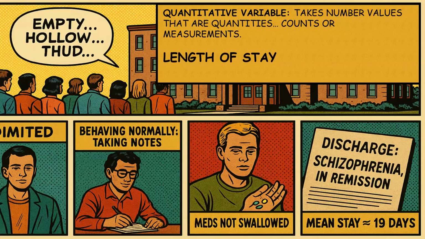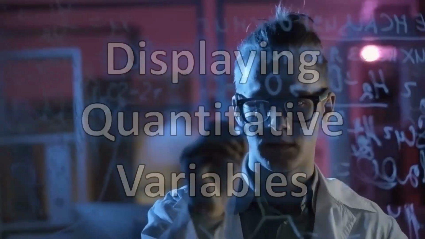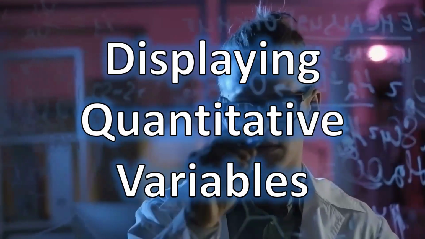The 8 pseudo patients varied in their length of stay, hence a variable, from 7 to 52 days. And importantly, those 7 to 52 days with a mean of 19, those are quantities. So the bigger the number, the longer the time that they actually spent. It lets you know how long they were in that particular hospital for their stay. All right, so that's a quantitative variable. So how do we display those?